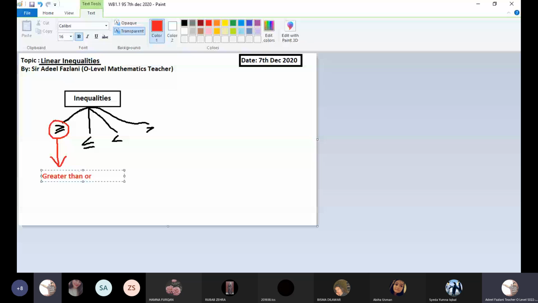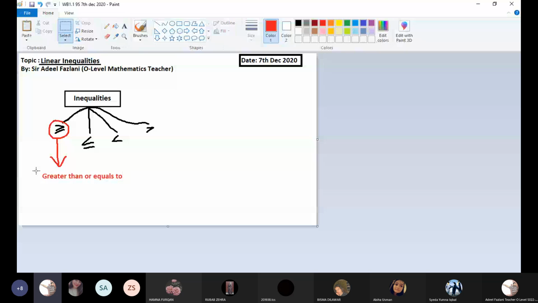Yes or no? Yes, sir. All right. Can anyone give an example of greater than or equals to? Any example which comes to your mind right now?